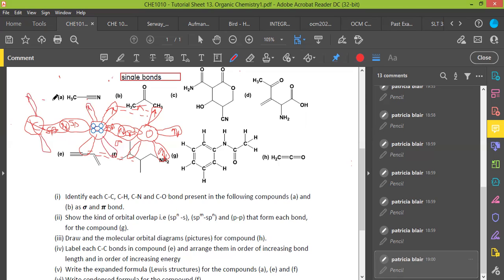And then you show the dots for the overlap, okay? Like that. So you have that going all the way like that. And below the same, you have that and that. So that is the pi bond, and this is the sigma bond that you have there.